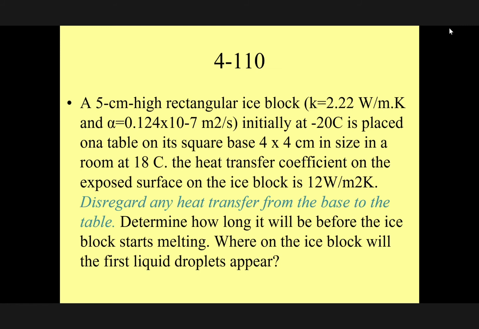It's telling us we can ignore the heat transfer from the base. I do not know how that information is useful to us. And it's asking us how long it would take the ice to start melting. And from your own experience, where will be the first place the ice starts to melt? This is something you should think about.